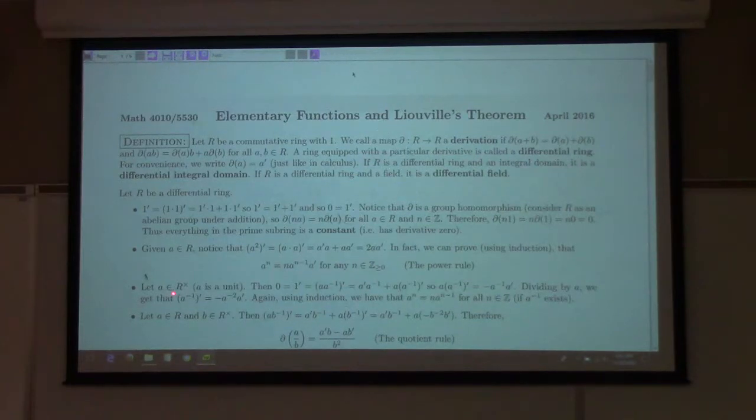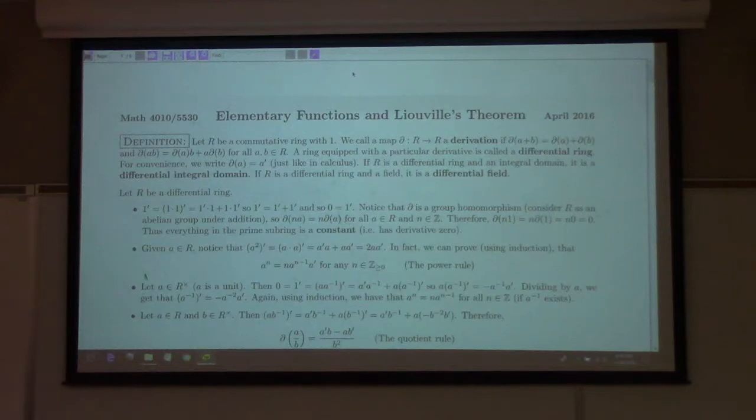If you have a unit, then you get this, which means you get that. And so he's basically developing the power rule for negative powers, if they make sense for you. And in the context that B is a unit and A is anything, you get a quotient rule from these formal rules so far.